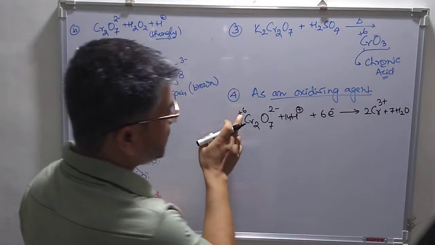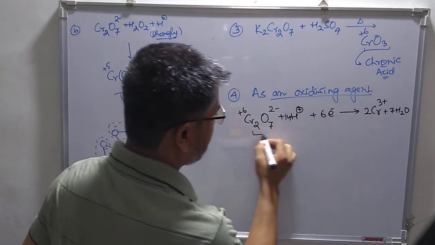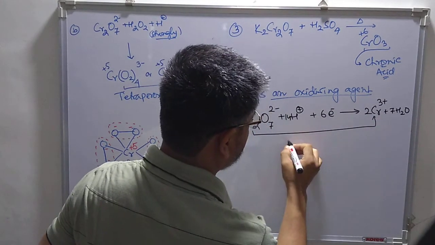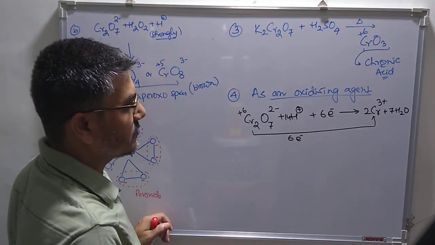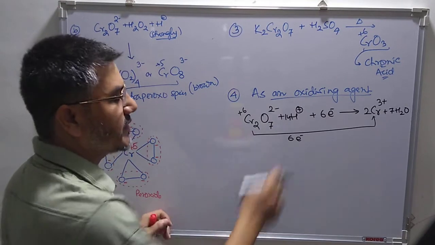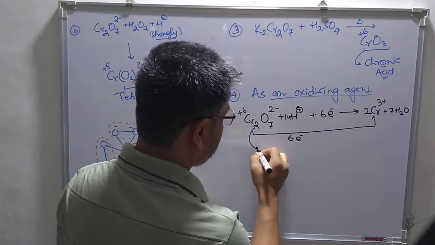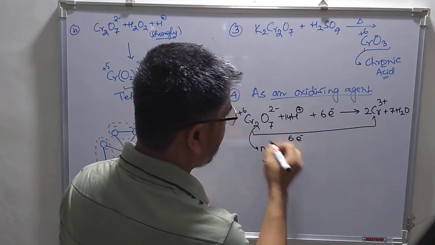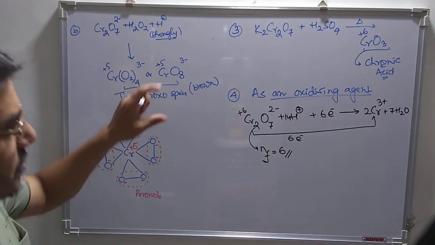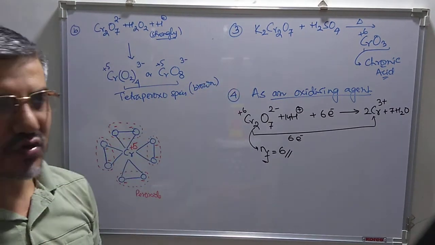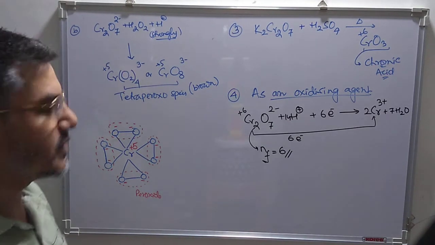Each chromium changes from +6 to +3, and since there are two chromiums, the total change in oxidation state is 6, so 6 moles of electrons are involved. This is the half reaction in which dichromate acts as an oxidizing agent. So the n-factor of dichromate in this reaction is always 6. As an oxidizing agent, this dichromate is very strong, and it acts in presence of acidic medium.